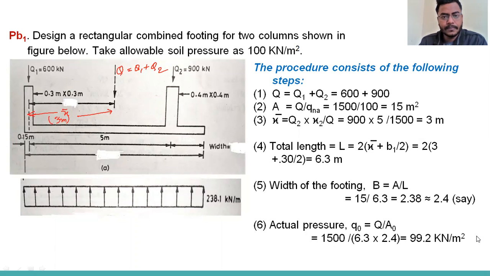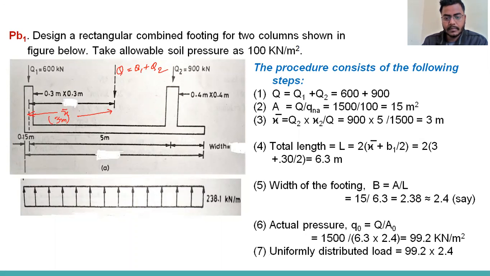What is the next step? Next, we calculate the UDL, the uniformly distributed load, that is Q naught into B. Here also we write B as 2.4, so 99.2 into 2.4 gives 238.1 kilonewton per meter. We can say this is the UDL.